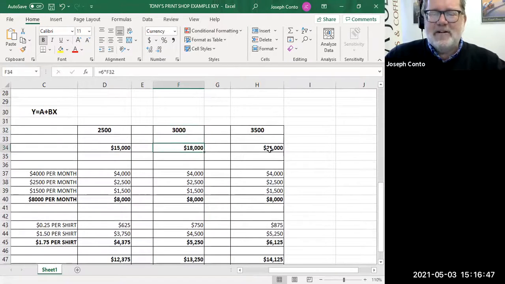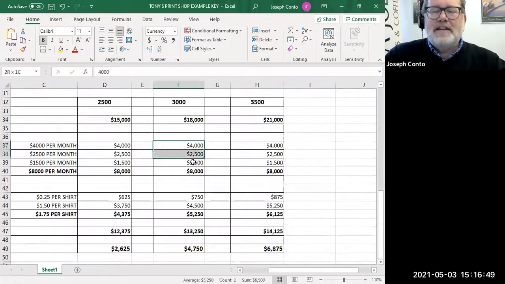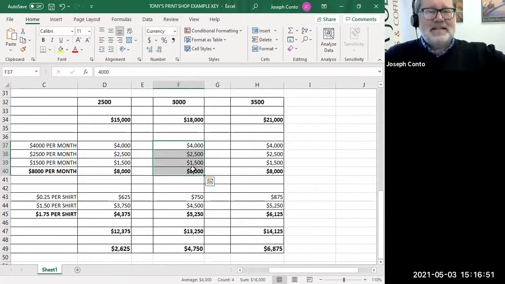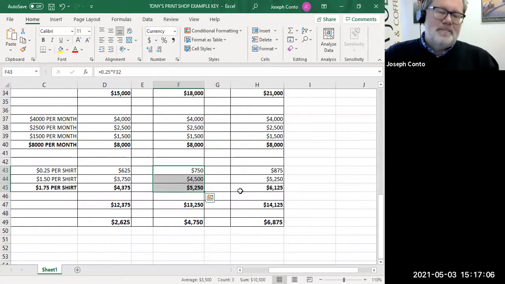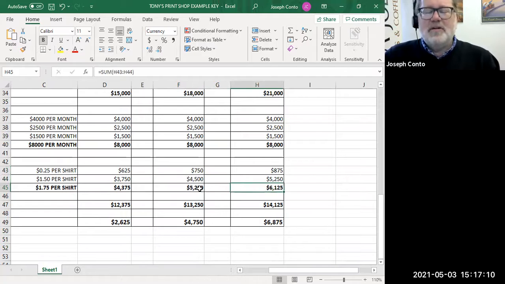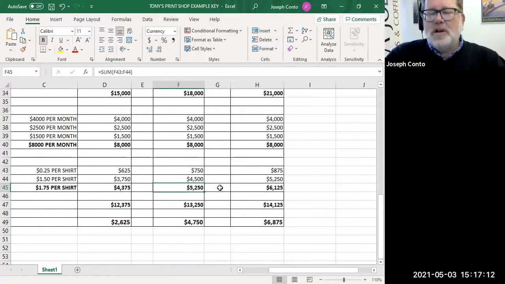That's 18,000 in revenue. My fixed cost, because I haven't added past that step cost, I can still produce, in this case, 3,000 shirts. So $8,000 a month remains, but I have to remove that from my $18,000. And then it is still $1.50 plus 25 cents per shirt, $1.75 to print on one shirt, which comes to 5,250.